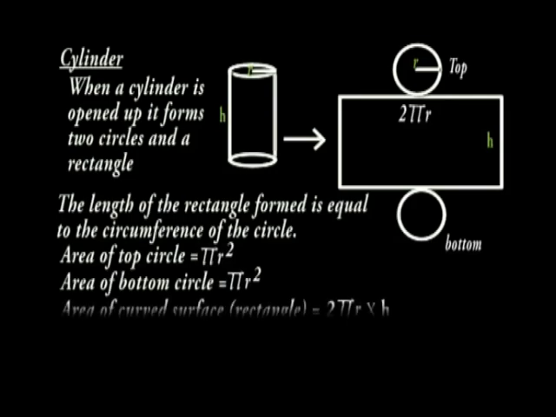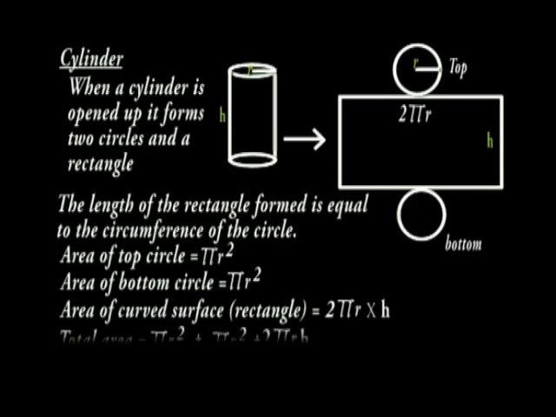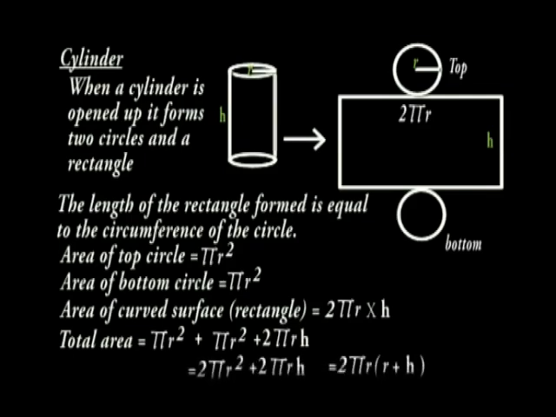Area of the curved surface, which is the rectangle now, is 2 pi r times h. Total area is pi r squared plus pi r squared plus 2 pi r h. This gives us 2 pi r into r plus h.